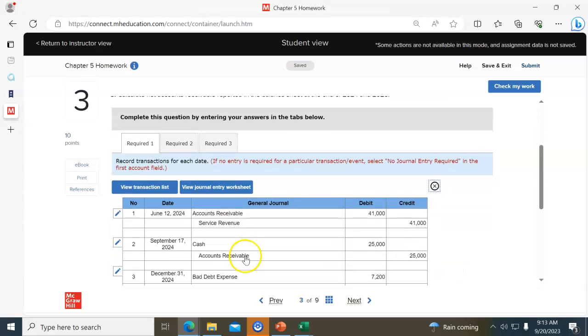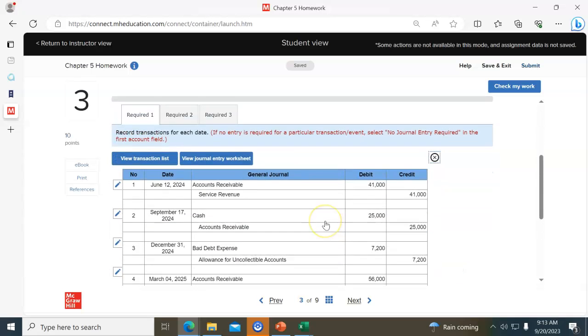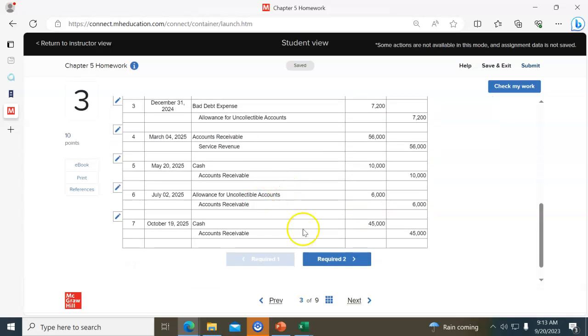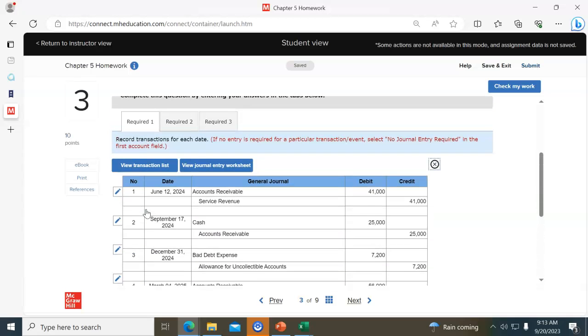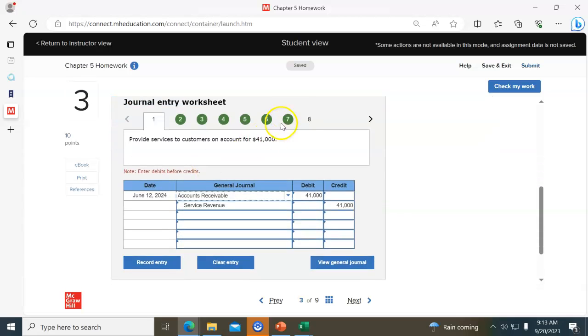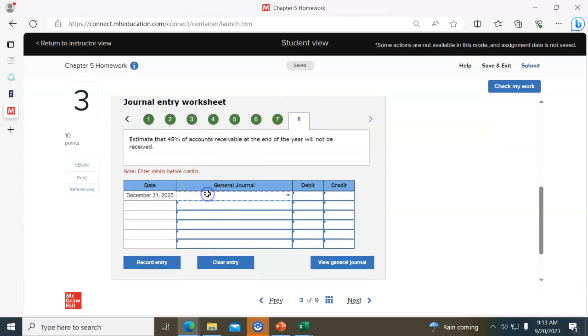We want this to be 3,750. Don't we debit bad debt expense of 3,750?